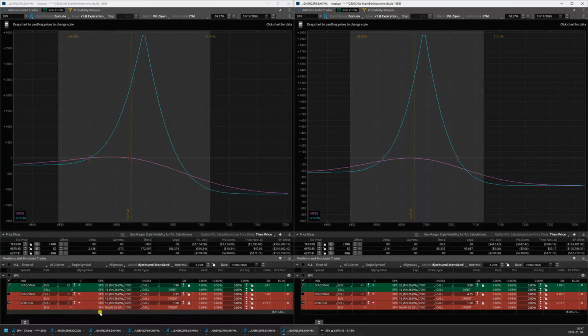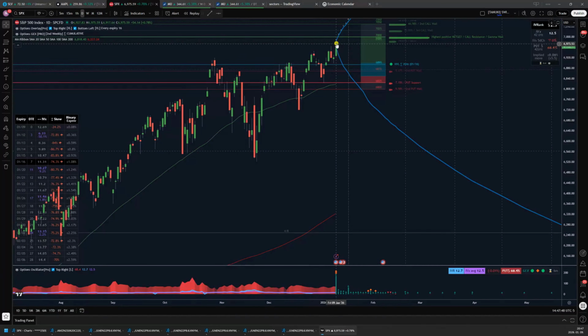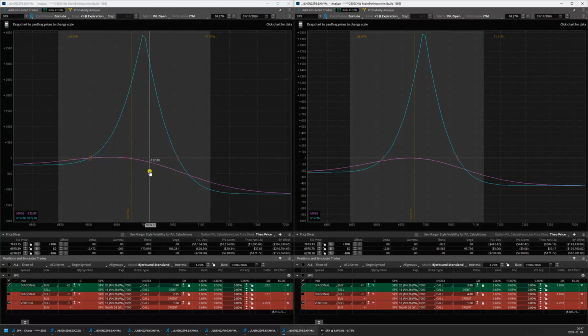The expiration is next week, January 16. So if the market is not shooting very fast above 7,000, both strategies in this simulation will become profitable at expiration. But I usually do not hold to expiration when I'm trading diagonal spreads or calendar spreads.